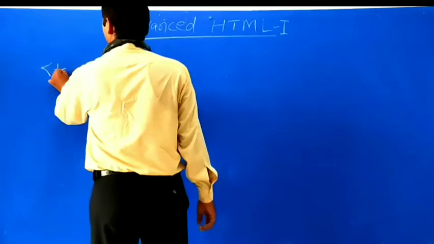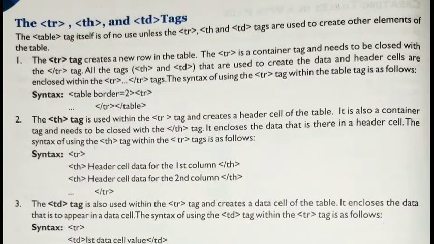This is table. Now, the TR, TH and TD tags. The table tag itself is of no use unless the TR, TH and TD tags are used to create other elements of the table. The TR tag creates a new row in the table.